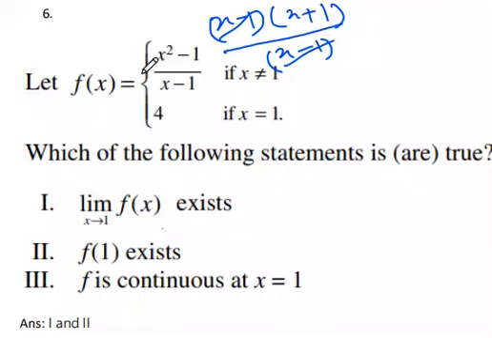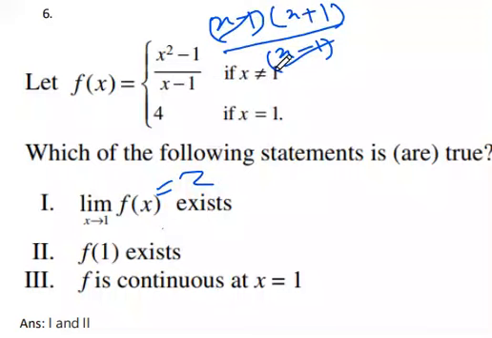So we can see that as x tends to 1, the function value approaches 2, right? This value is equal to 2, because when you simplify this function, you get 1 plus x.